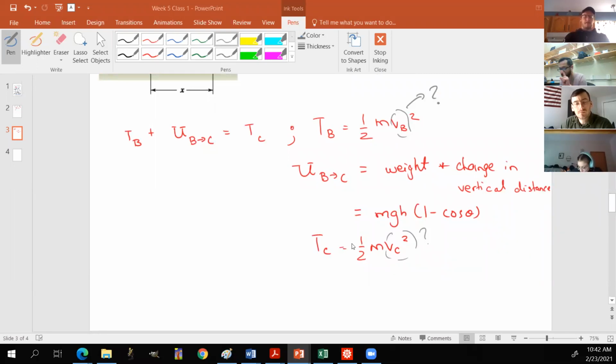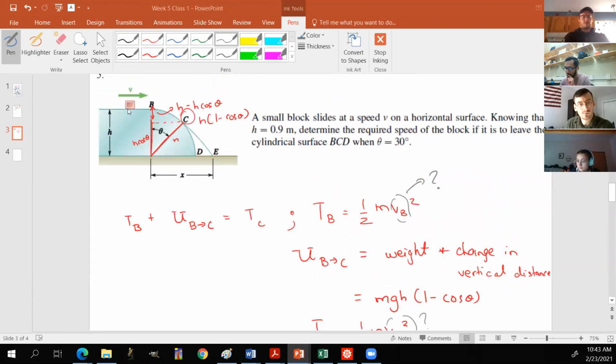So how do we go about fixing that problem? What more expressions can we get? Think about this: when it loses contact, what happens to your forces?